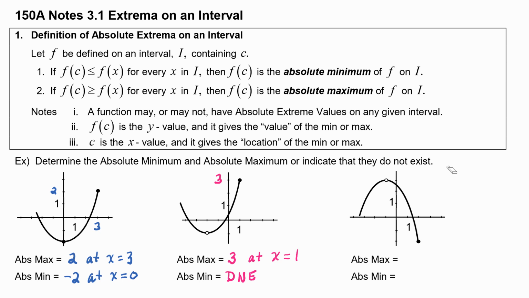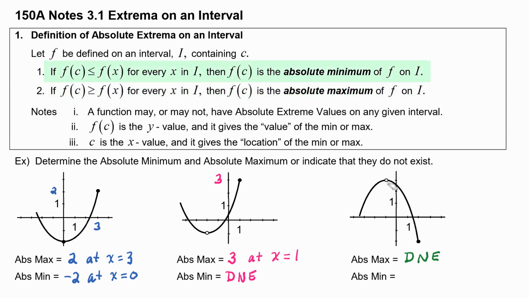In this diagram, we are looking for the absolute max, which means we're trying to find a y value that's bigger than all the other y values. And for a similar argument to what we just saw in the previous example for the minimum, the absolute max does not exist because the function does not attain this y value here at this point because of the hole that's there.